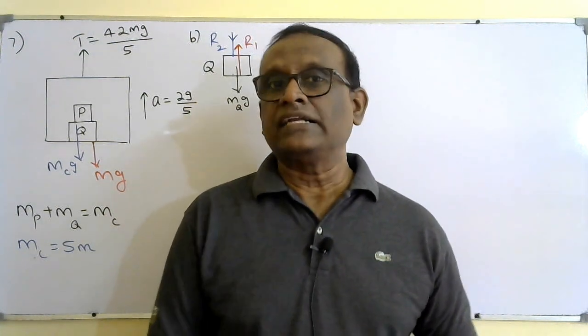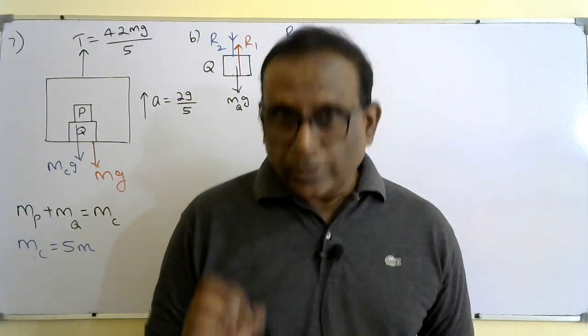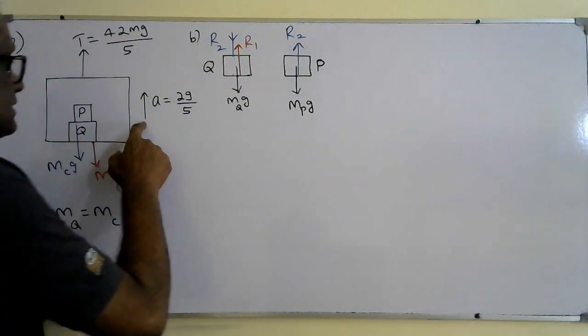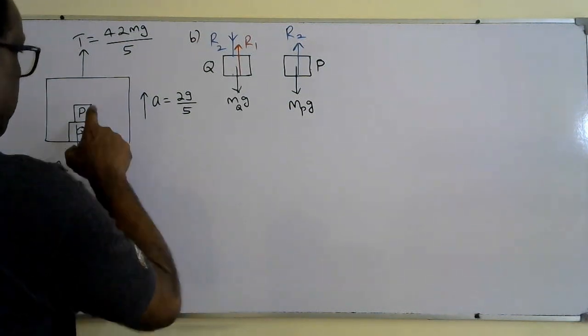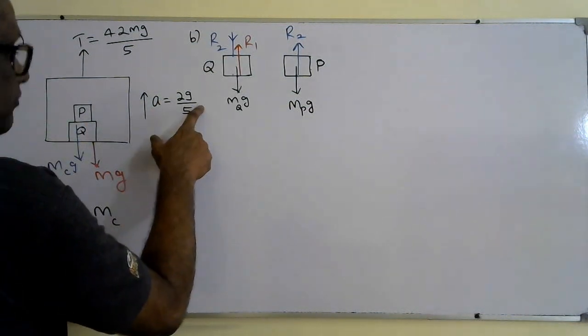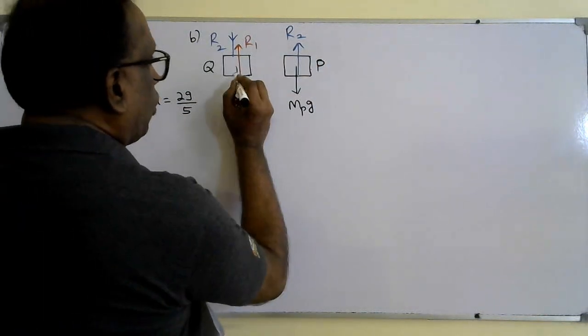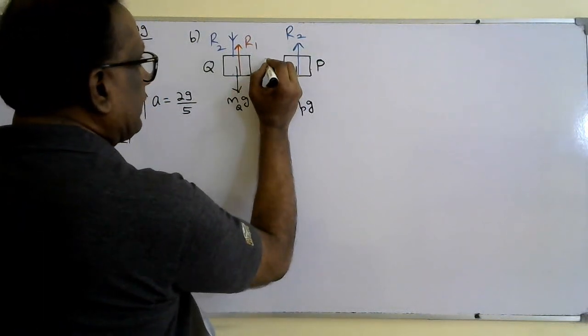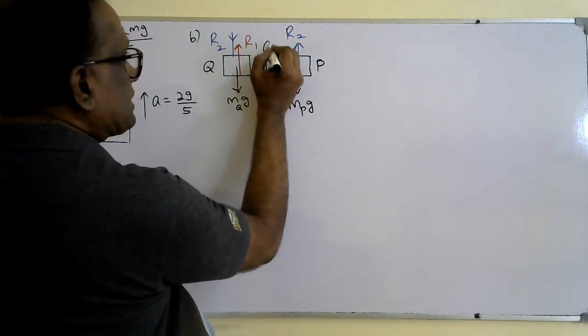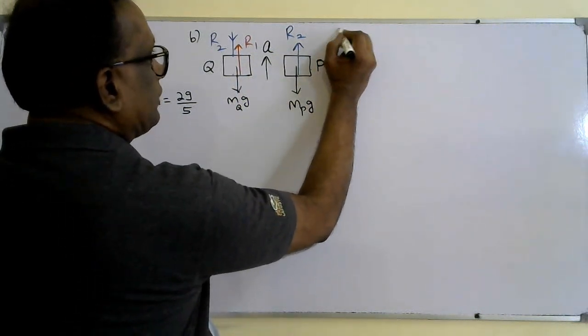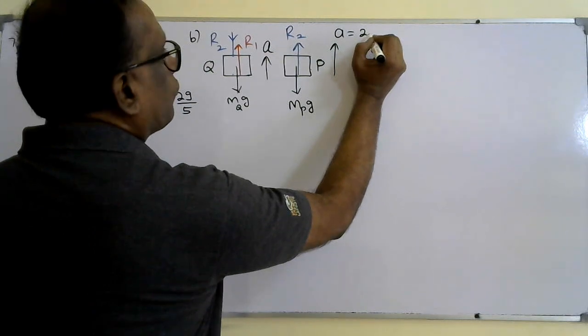So when the lift accelerates upward at 2g over 5, P and Q are also accelerating up at the same value, 2g over 5.